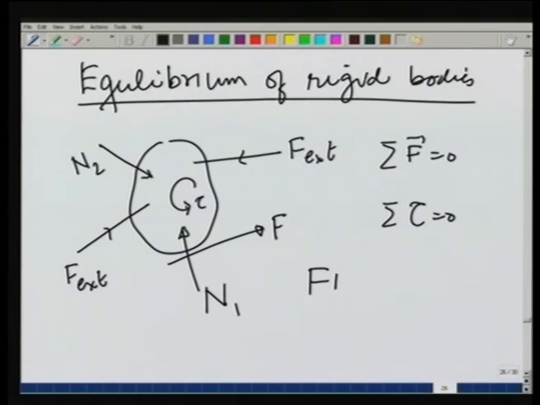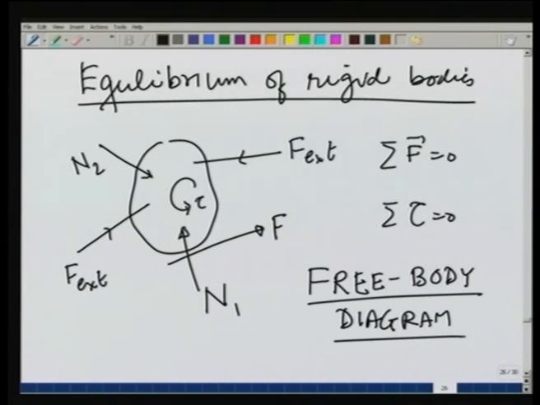Such a diagram, where the elements which are holding the system, we isolate the system and replace those elements holding the system by the normal reactions of those elements or the torques provided by those elements, is known as free body diagram.